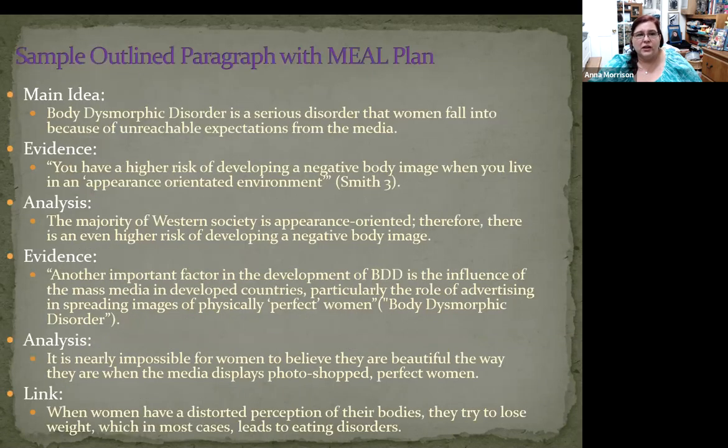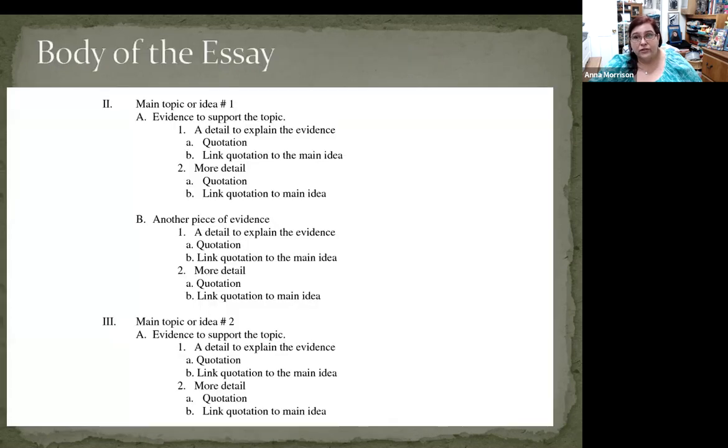And it's going to look like this if you were to use MEAEAL. However, you are going to use letters and numbers instead. And every time you have a quote, summary, or paraphrase, you need to choose. Is this going to be 1 paragraph or 2 paragraphs? Are we going to have 2 quotes in 1 paragraph?